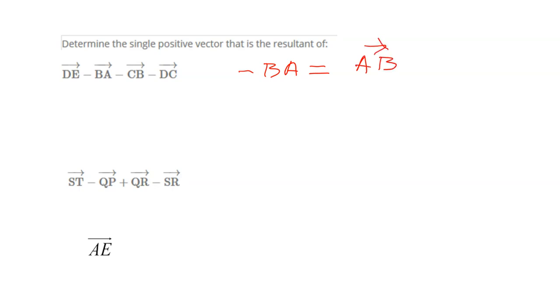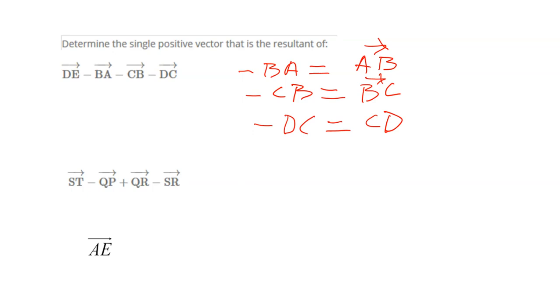And the next one is the minus CB. What do you think that one would be, Fernando? So the BC. Okay. And finally, I think you have the hang of this. And finally, the minus DC would be equal to what? CD. Okay.